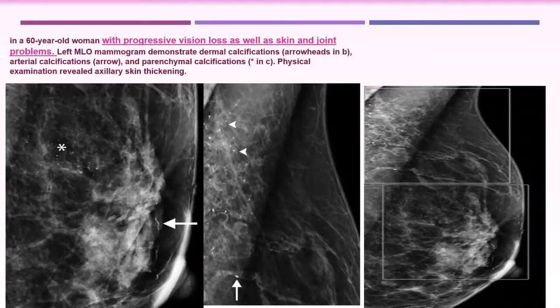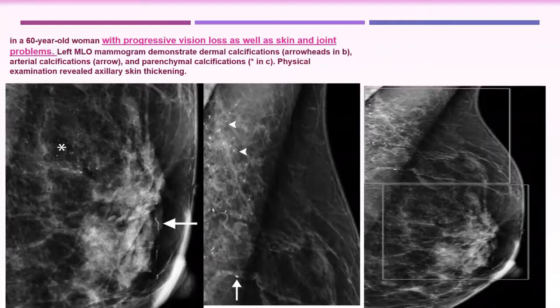Okay, I told you, a 60-year-old lady with progressive vision loss as well as skin and joint problems. Okay? Her breast demonstrates parenchymal changes with skin and vascular calcifications.